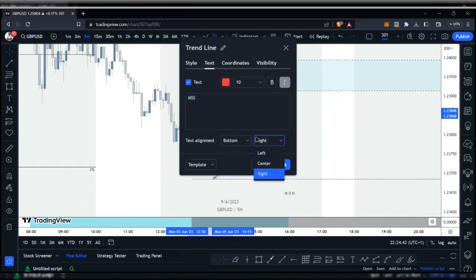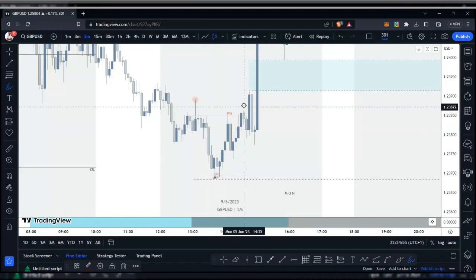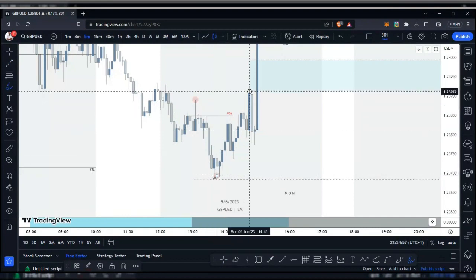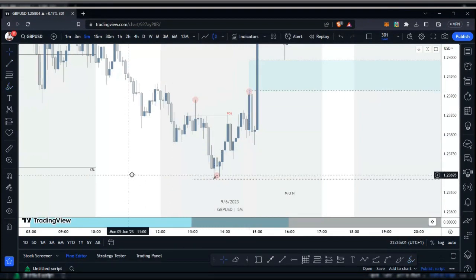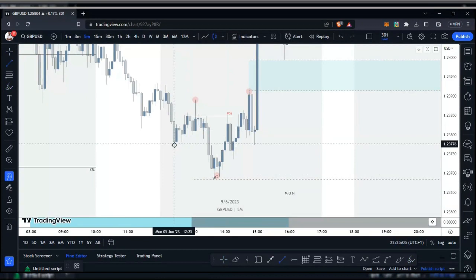I put this to the top, and then I can say swing, right? And you have a swing here, and then you have this swing here, right? Sweeping this low, all right?